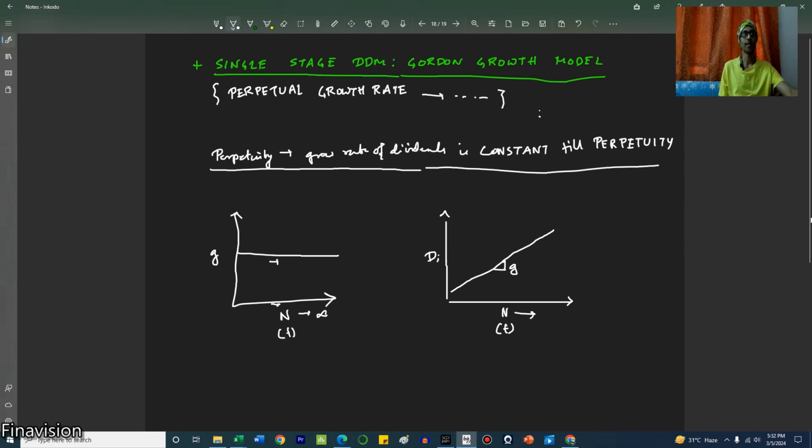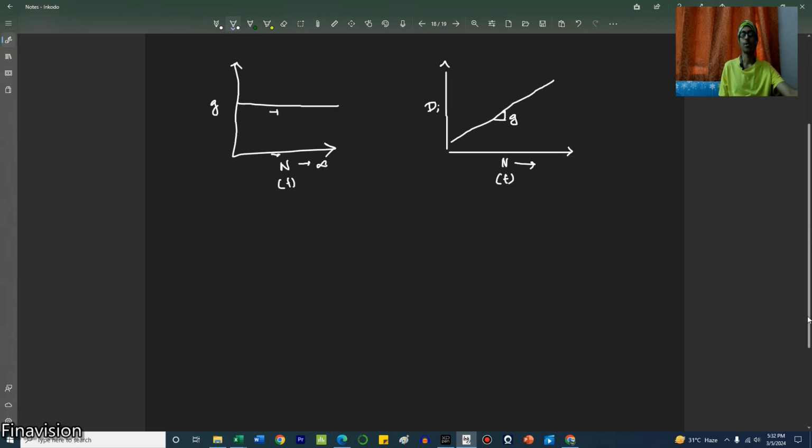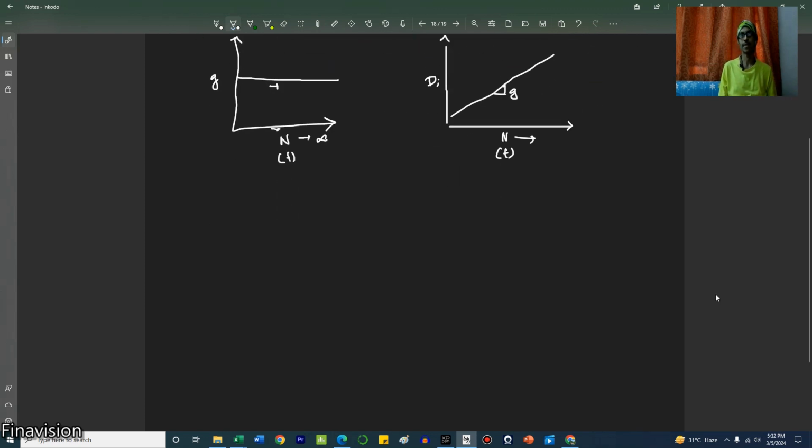Now what is the formula for this? So for an infinite series like this, we do not keep on writing like to the power 1, to the power 2, to the power 3, we do not do that. What we do is basically V0 is equal to D0, that is dividend at time 0, into 1 plus g, the perpetual growth rate, divided by r minus g, where r is the required rate and g is again the perpetual growth rate.